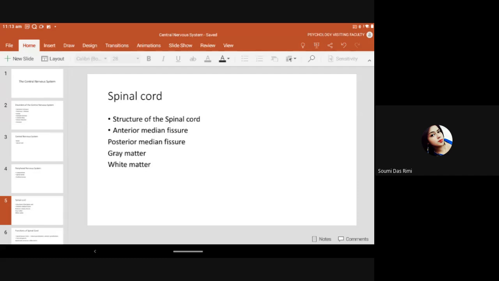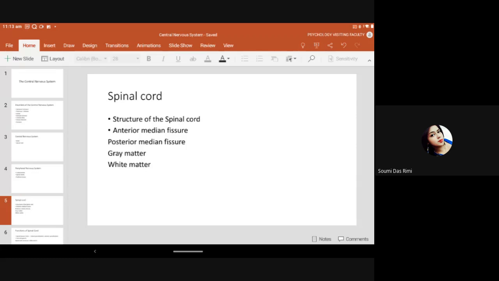So for the pair of nerves, one is attached to the left side of our body and the other to the right side of the body. That means the left nerve controls the left portion of our body, while the right nerve controls the right portion of our body.